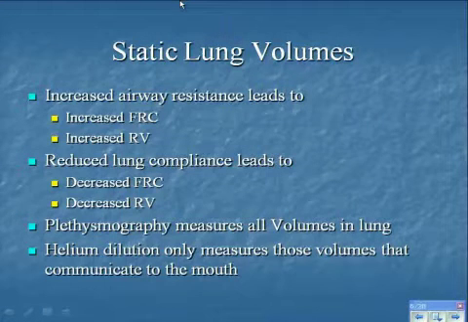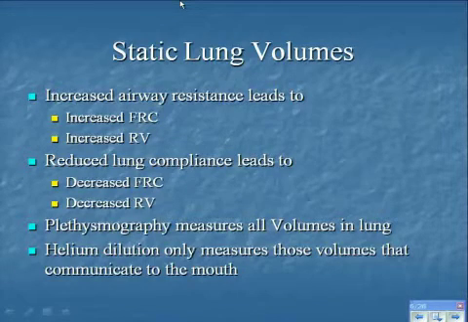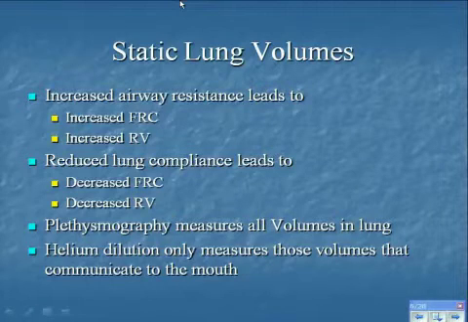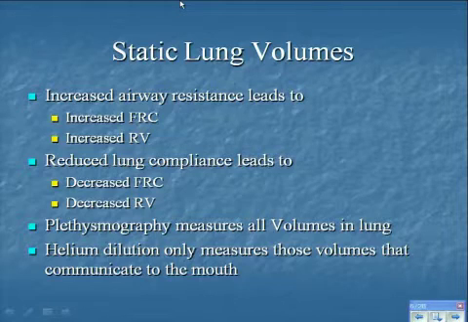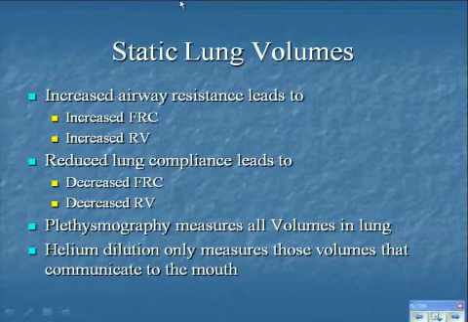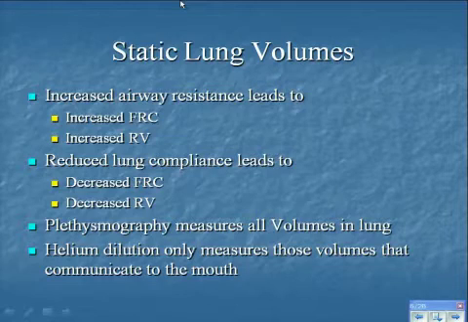With static lung tests, an increase in air resistance leads to an increase in FRC, okay, and an increase in residual volume. When you see patients that present with reduced lung compliance, this leads to a decrease in FRC and a decrease in residual volume. That's important for you to know, because a reduction in lung compliance means that person is shifting down their compliance curve.